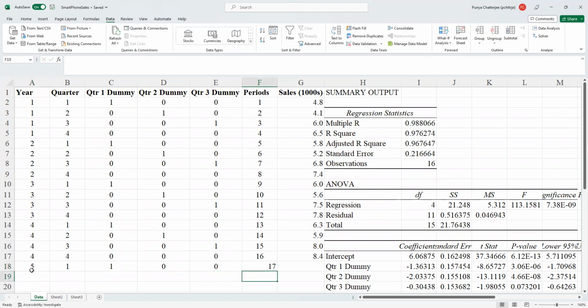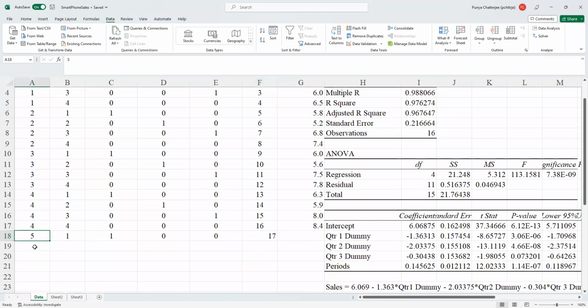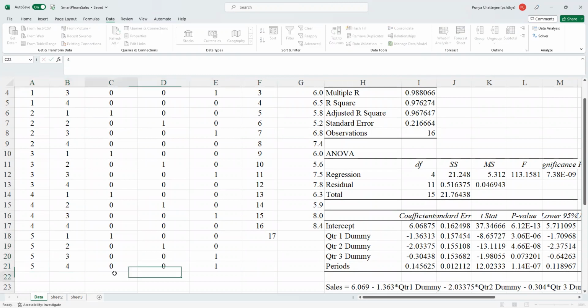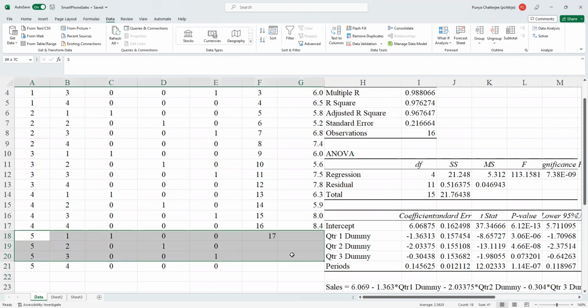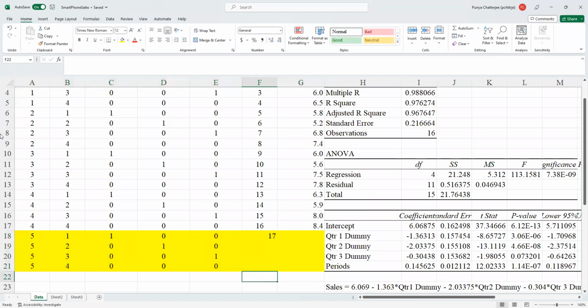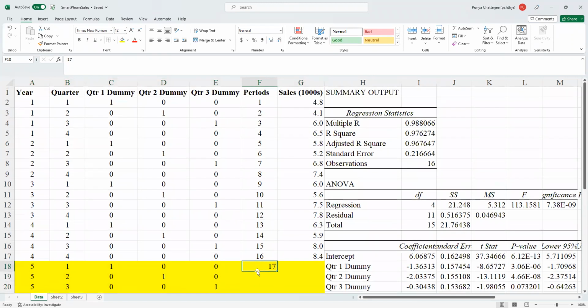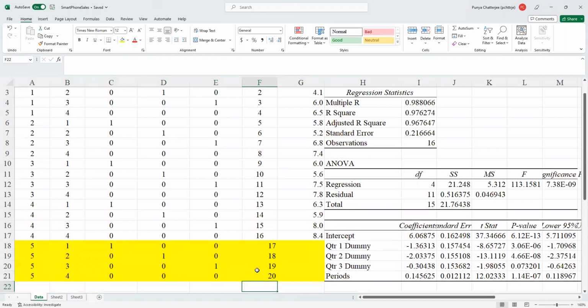We are going to forecast for the full year 5: year 5 quarter 1, quarter 2, quarter 3, and quarter 4. So my periods are going to be 17, 18, 19, and 20.